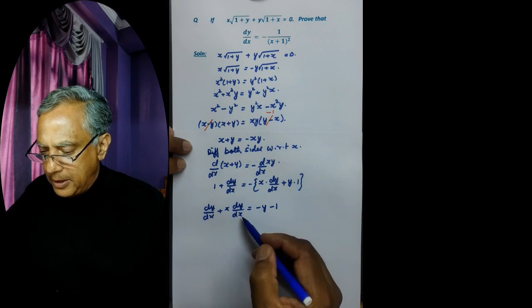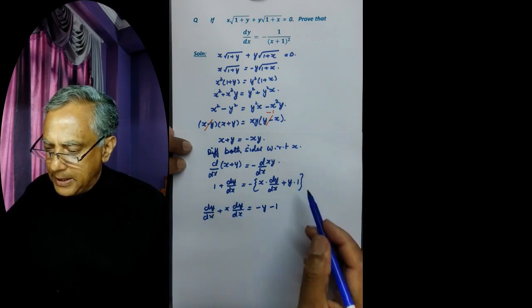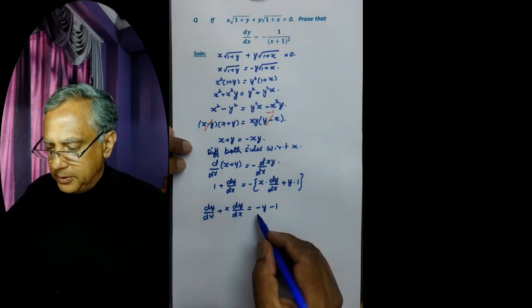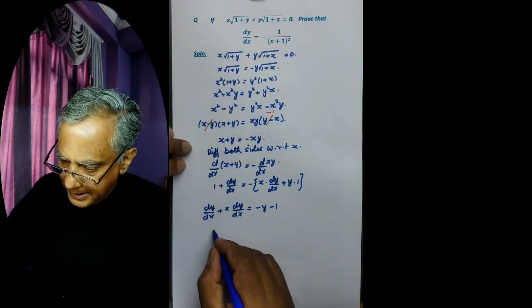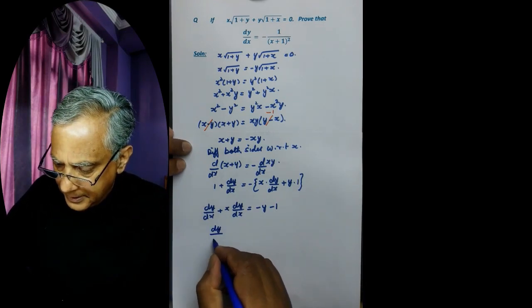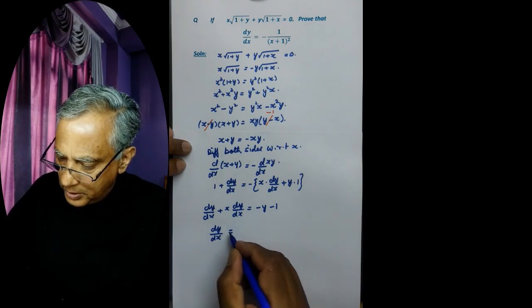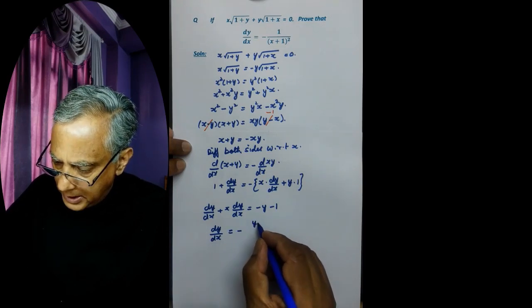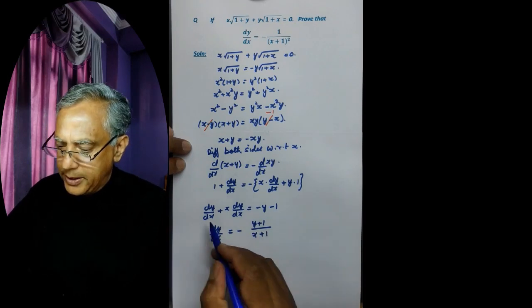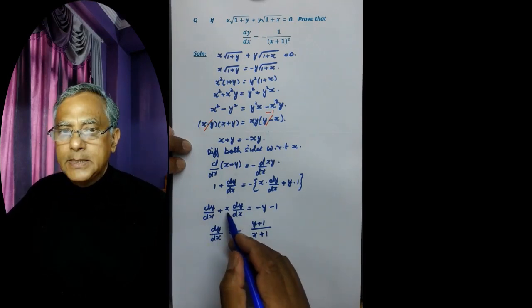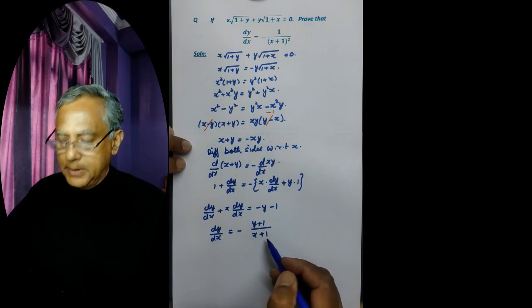So we get x dy by dx, and this term has been taken to the right hand side, so this is minus y minus 1. So what we get is dy by dx is equal to minus (y plus 1) whole divided by x plus 1. Dy by dx is common, we will get 1 plus x. I have divided by 1 plus x.